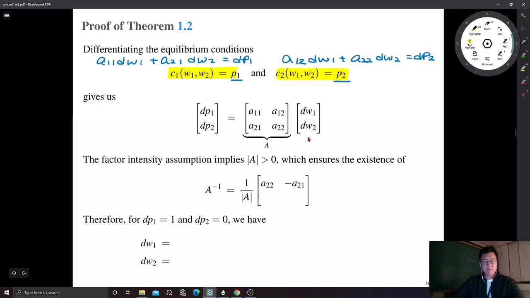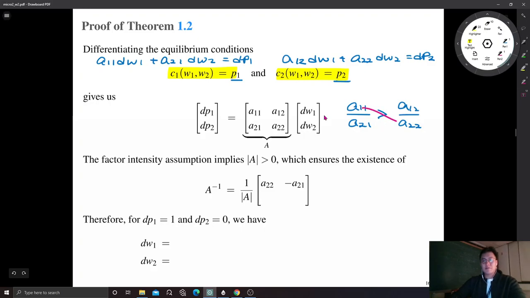Right? And now the factor intensity assumption kicks in. The factor intensity assumption tells us that A sub 1,1 over A sub 2,1, the ratio of factor use by good 1, is always higher than the ratio of factor use by good 2, A sub 1,2 over A sub 2,2. Right?